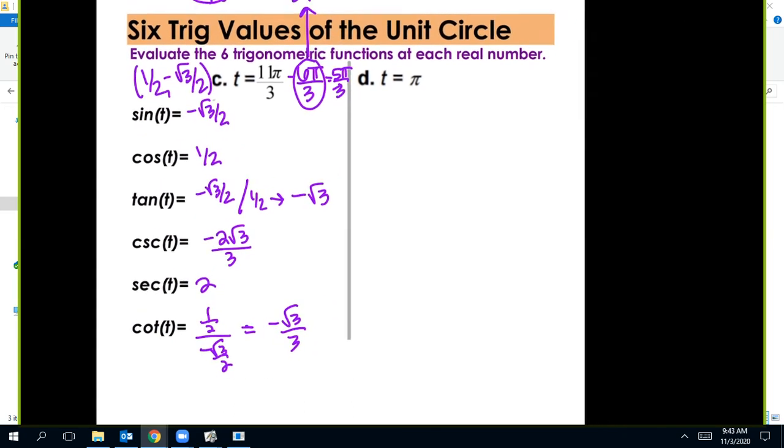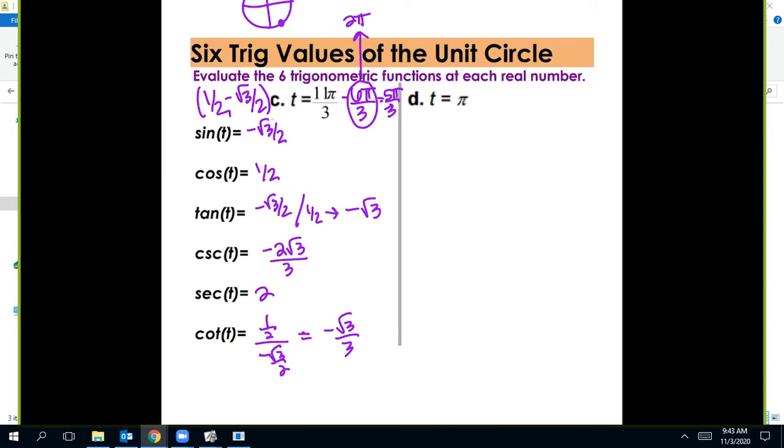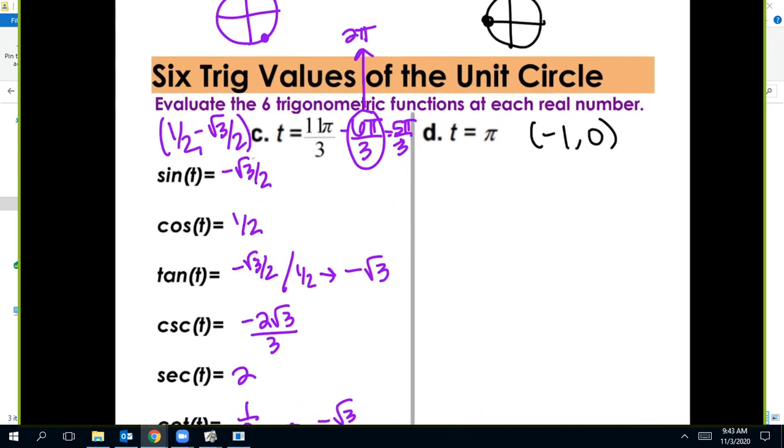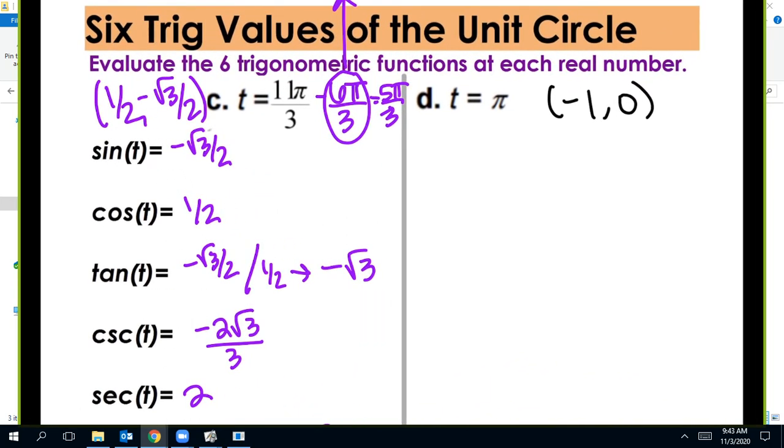If I do anything too fast, just pause and work it out yourself, and then unpause to make sure you got the same answers. Last one we'll have is pi. Pi is right over here, so that coordinate is negative 1, 0. So when we do this one, sine is y, cosine is x, tan is y over x, and so that's 0 still.